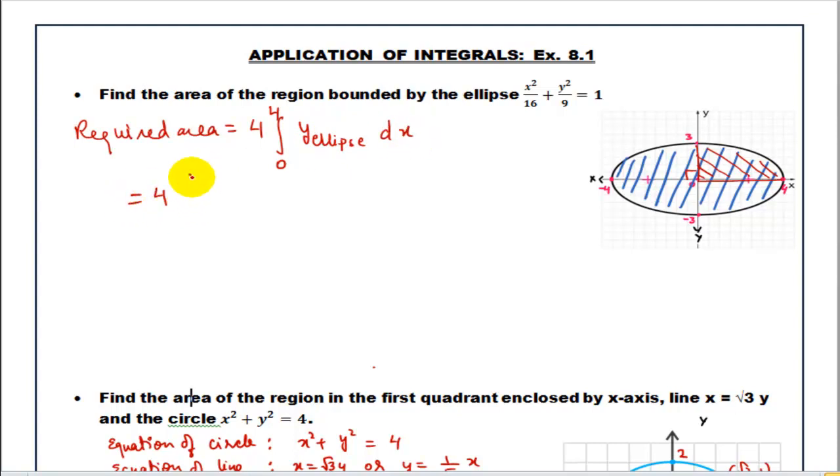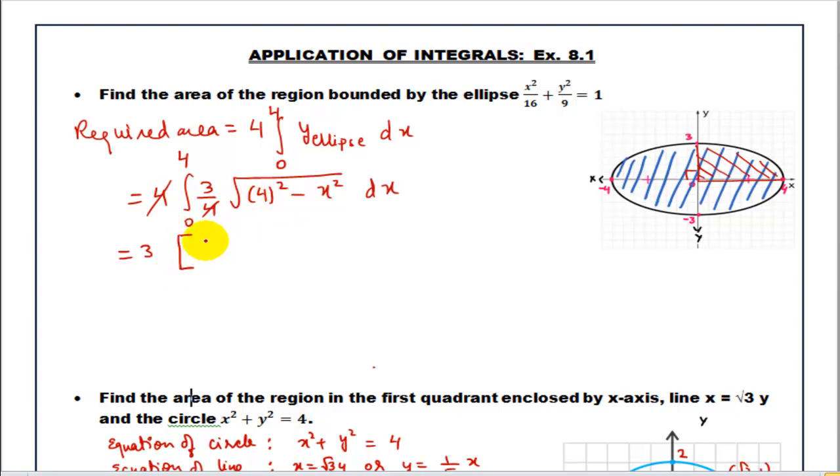Now on converting y in terms of x, this will reduce to 3 by 4 times the square root of 16, which can be written as square of 4, minus x square dx. So 4 and 4 here get cancelled out, and this can be integrated using the formula for integral of square root of a square minus x square.